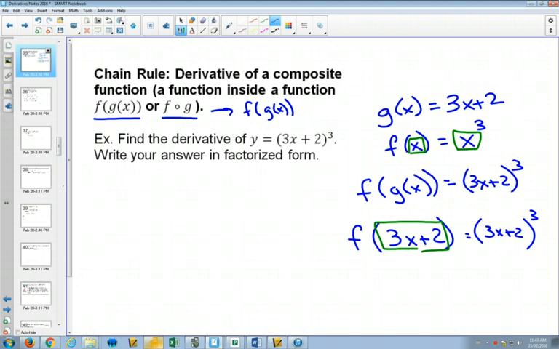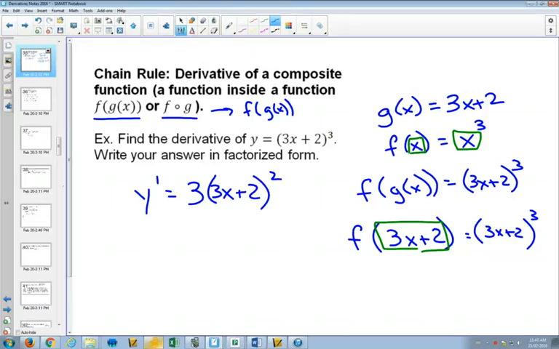Now, if we had a gut feeling about this, we might say, ooh, I've got a power. I know how to do the power rule. Power rule says I bring that number out in front and I subtract 1 from the exponent. So it wouldn't be a bad first guess to say, I think my derivative is this.